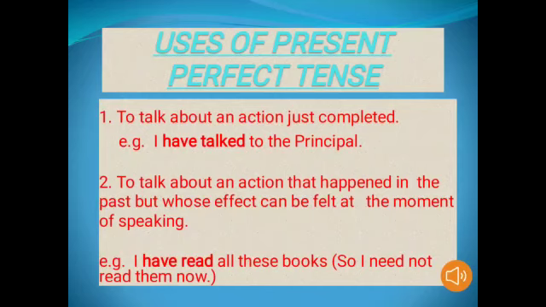And number 2, to talk about an action that happened in the past but whose effect can be felt at the moment of speaking, means the action was done in the past but its effect can be seen at the moment of speaking. For example, I have read all these books, so I need not read them now.